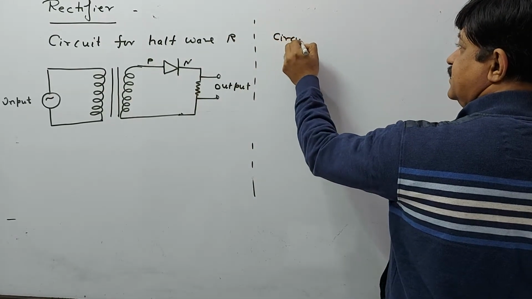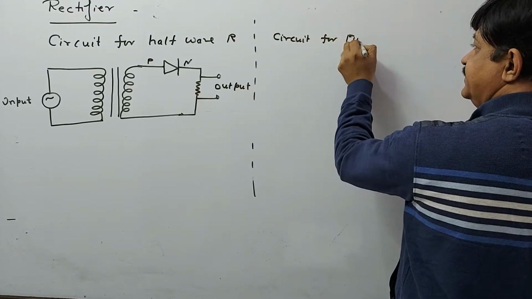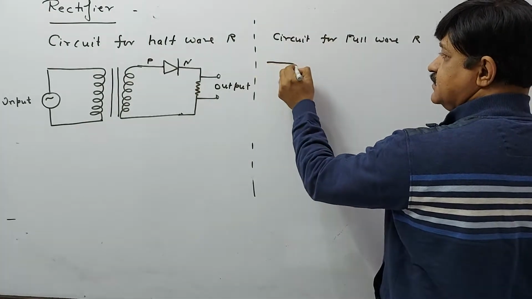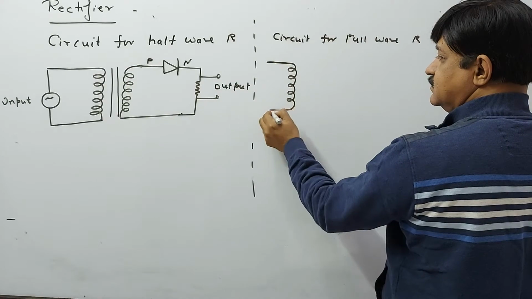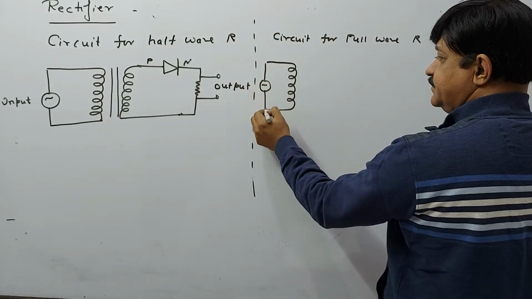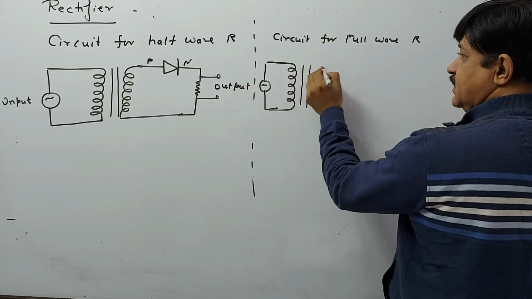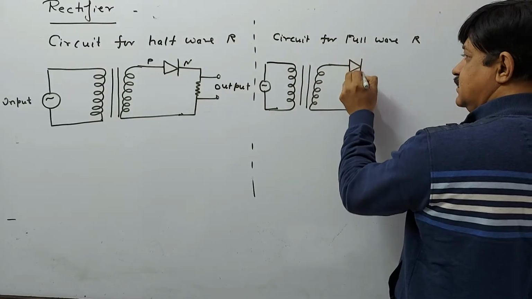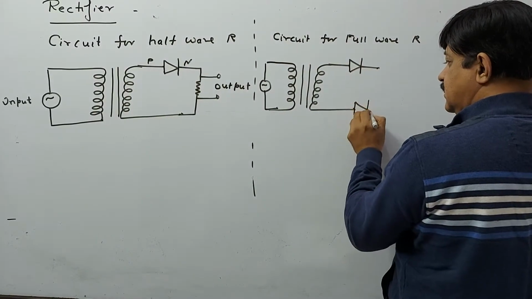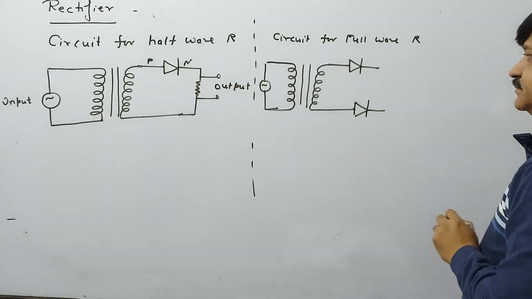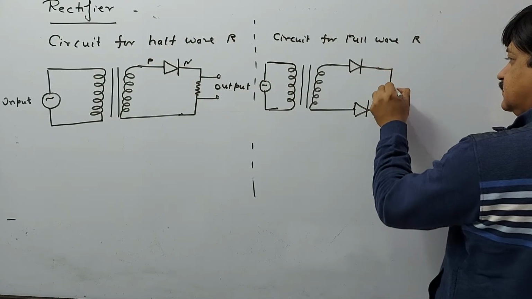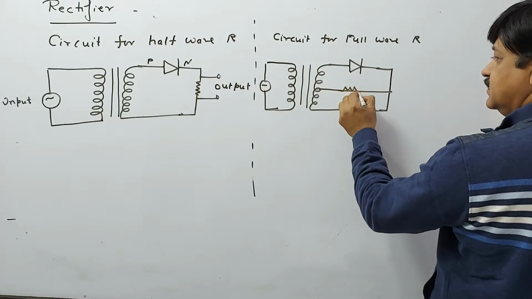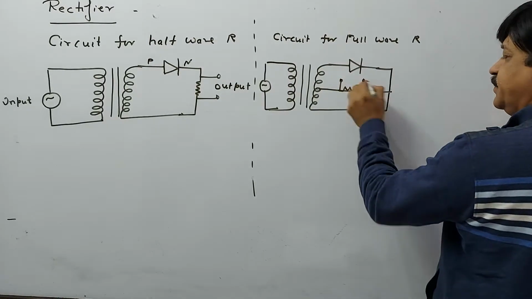If we want to draw the circuit for full wave, see the difference in the circuit. Input, we need to construct two diodes there. It is called center tapping, and you will usually take output here only.